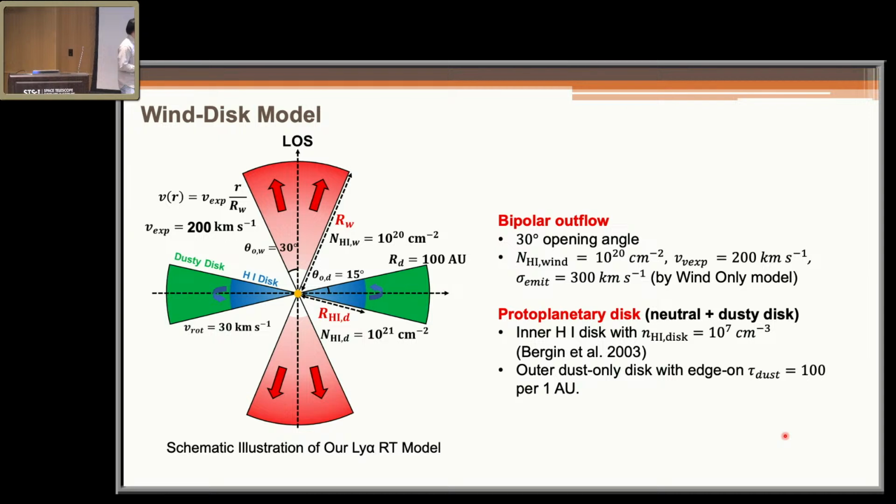Anyway, this dust component is extremely optically thick. The dust optical depth is 10 per 1 AU, so it is impossible for Lyman alpha to penetrate this disk. Also, the H1 disk is really optically thick because the number density is 10 to the 7. Maybe the optical depth of the Lyman alpha is larger than 10, oh, larger than 10 to the 6, sorry.